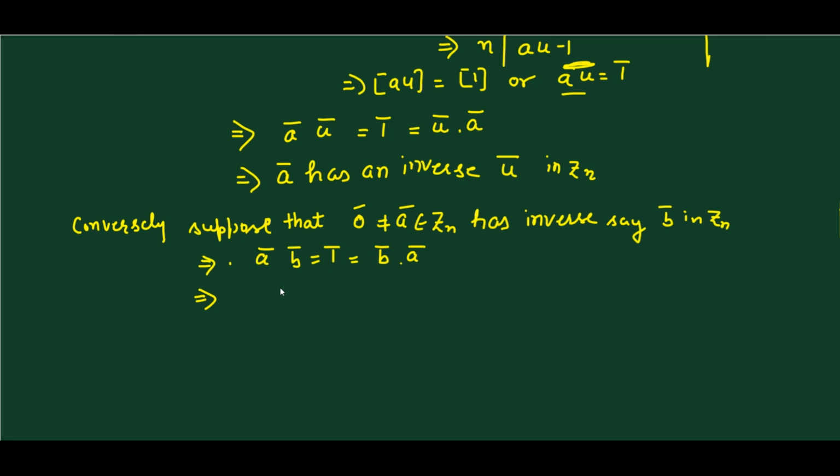This implies the class of ab is equal to the class of 1, and this implies n divides their difference, the difference of the representatives ab minus 1, and this implies that ab minus 1 is a multiple of n, for some integer t.